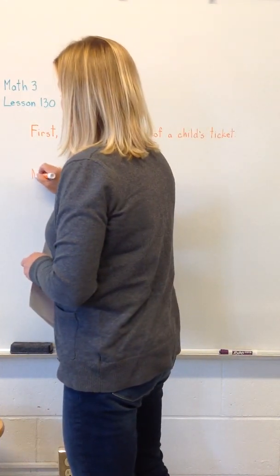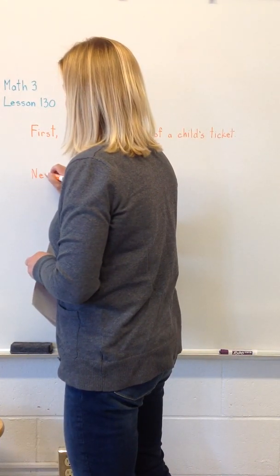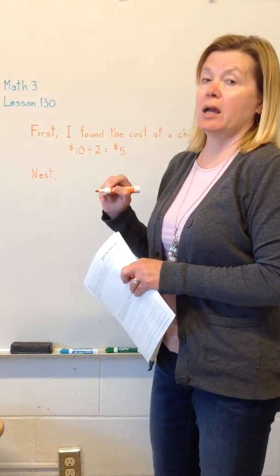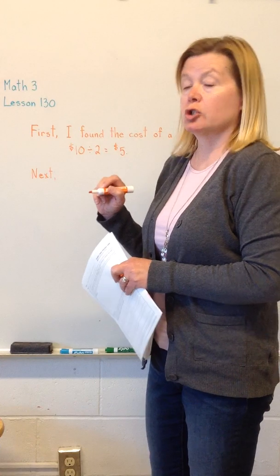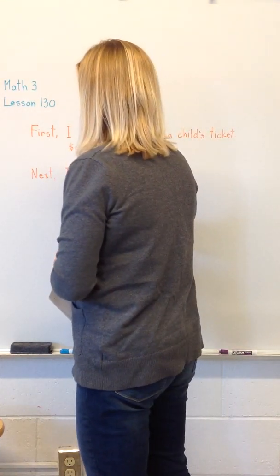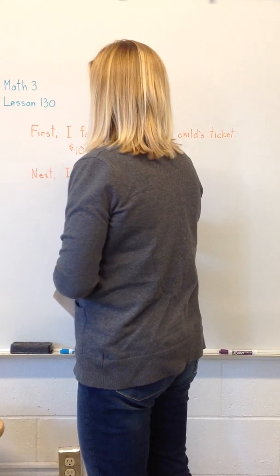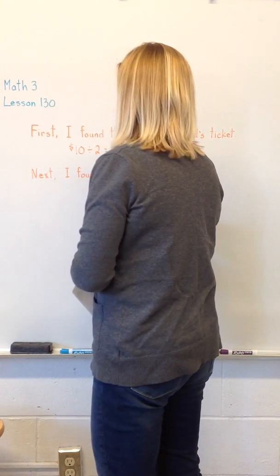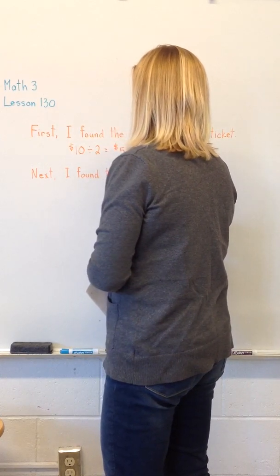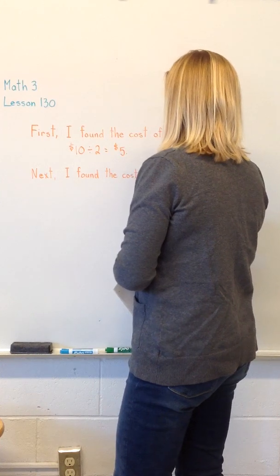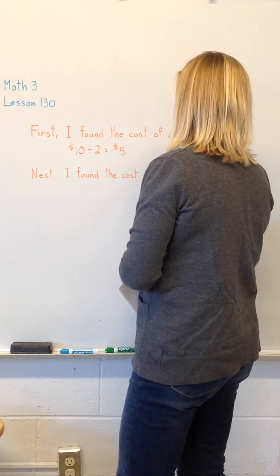Next, in my next 2 lines, I'm going to find out how much it's going to cost to take 4 children to the movies. Next, I found the cost of 4 children's tickets.